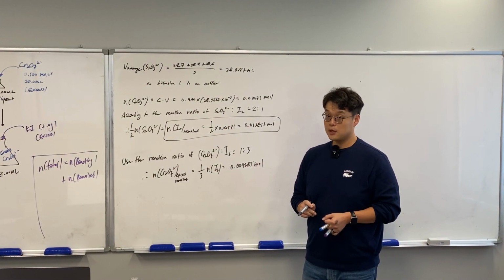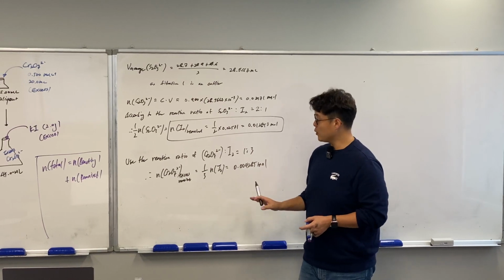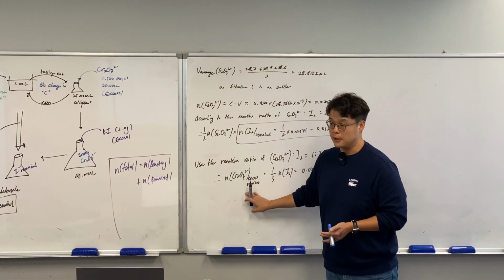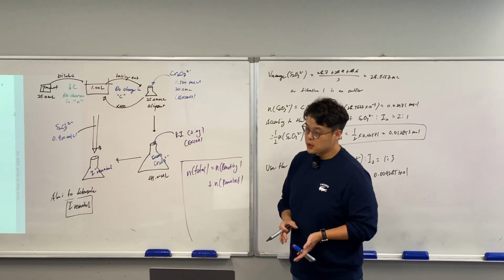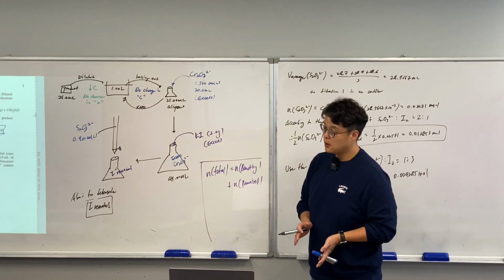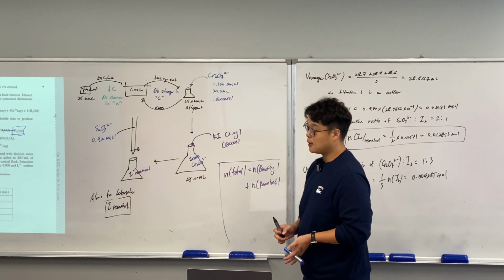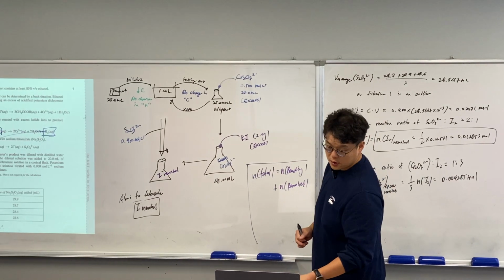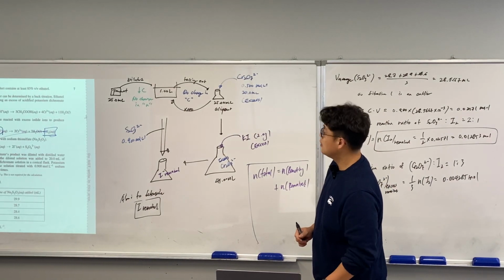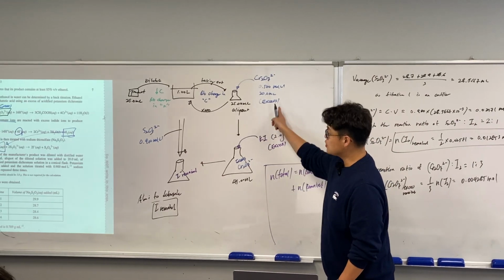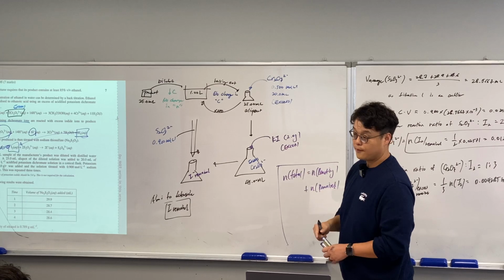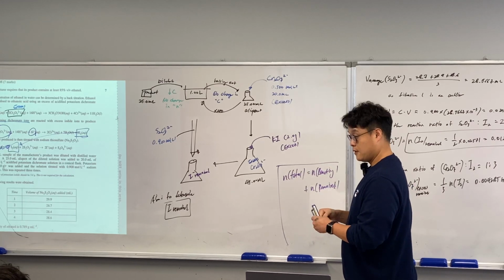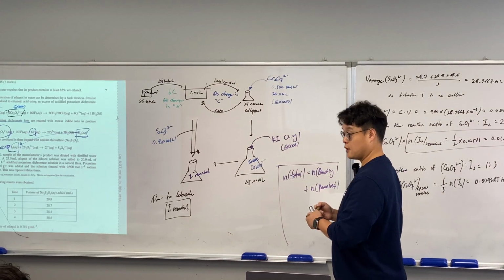All good up to this part here? Then what do we know? This is the amount you remained. Look, do we know how much of the dichromate we used? See, use the flowchart.